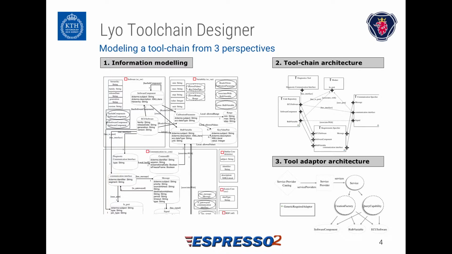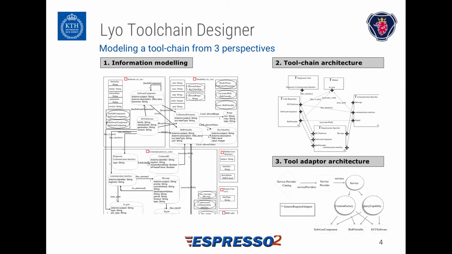The language is structured into a set of views, in which each view focuses on a specific aspect of a toolchain development. We identified the following three views. On the left, you can see the information modeling view, for the specification of the OSLC resources to be shared across the toolchain according to the OSLC standard. In the top right corner, you can see the toolchain architecture view, for the specification of the toolchain architecture.